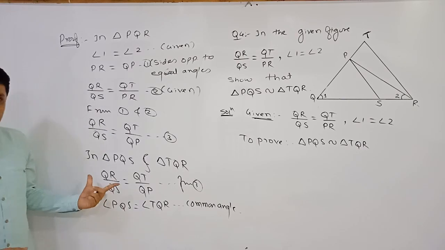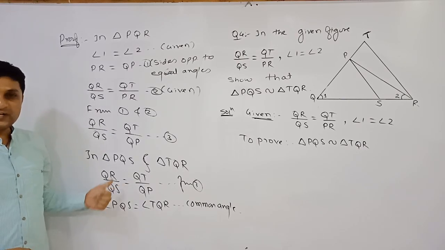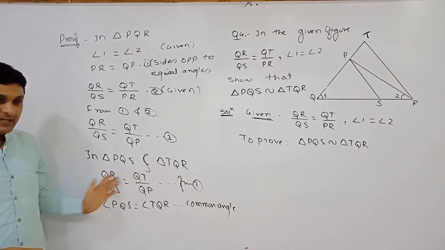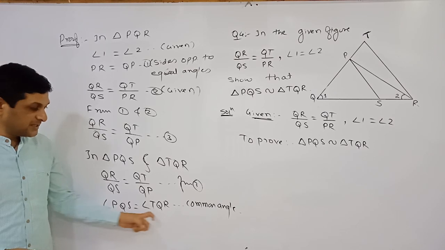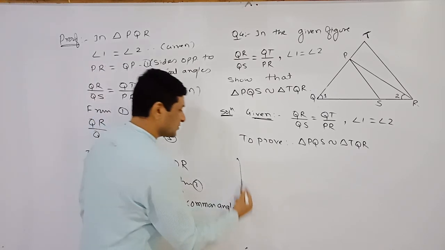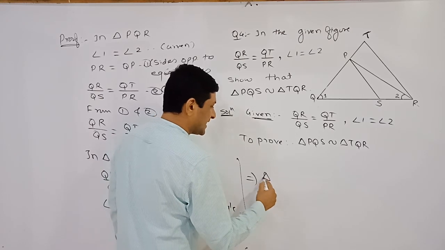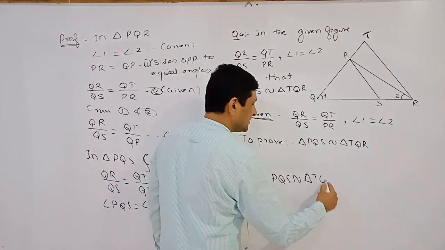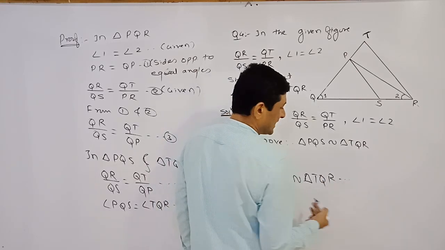So two sides are in proportion, and one angle is also equal, the included angle. That's why we can say that triangle PQS is similar to triangle TQR. By which criterion?